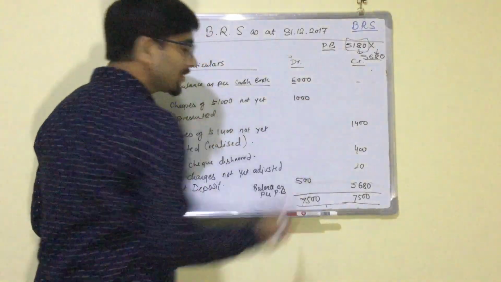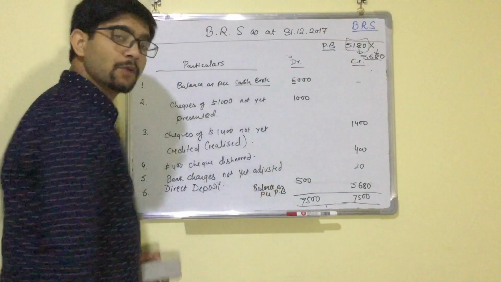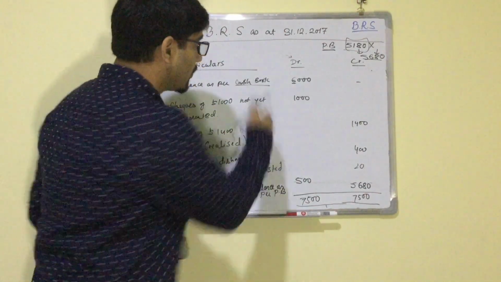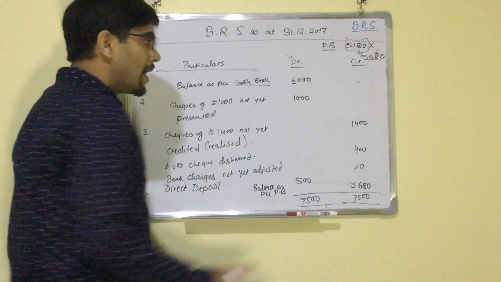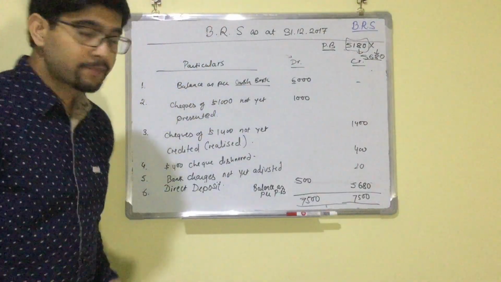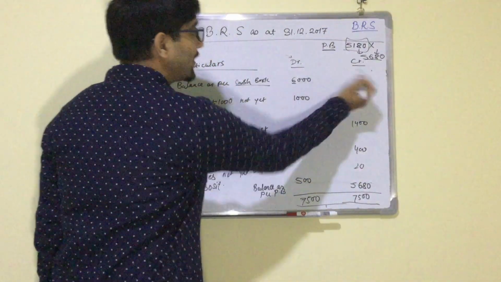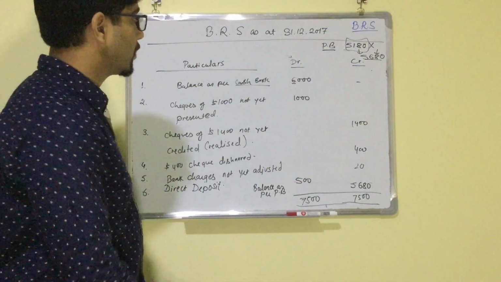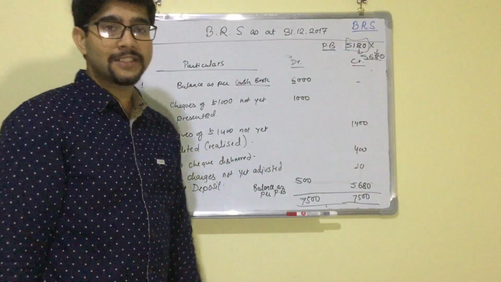If the balance is positive, write the balance on the debit side for the cash book. And if the balance is negative, which is an overdraft balance, write the balance on the credit side. All the fundamentals, all the process is the same. We just have to change the sign for a positive or negative balance. So far, this is all about bank reconciliation.